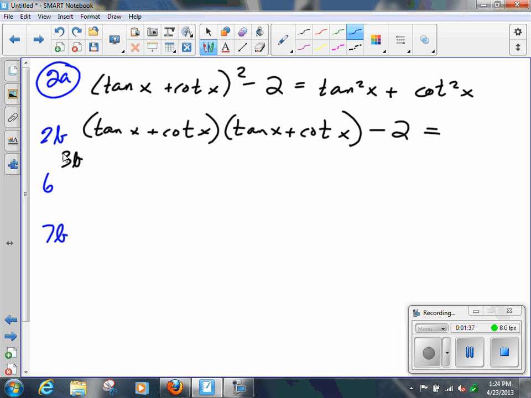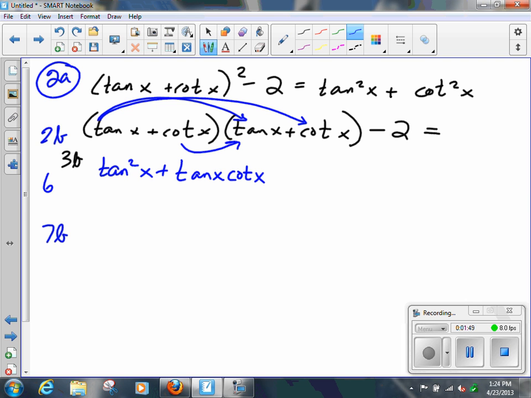Now, when you write that quantity twice, I'm going to FOIL this thing out, and I get tangent squared x. This is weird, but I'm going to write it. Tangent x cotangent x. And I'm going to write it the same way. Cotangent times tangent is tangent cotangent. And then cotangent times cotangent is cotangent squared minus 2.